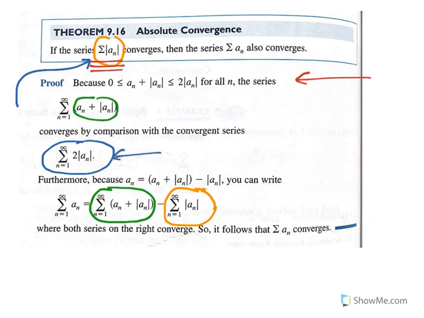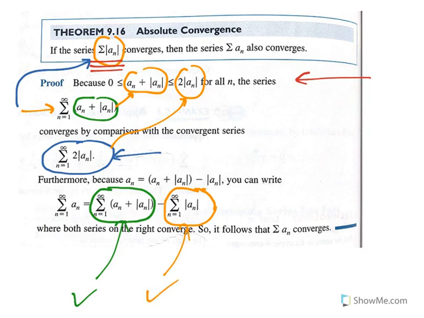So what we're saying is now take a look at the nth terms of the two corresponding series. We can show that because the nth term of this series is less than or equal to the corresponding nth term of the convergent series, it must converge by direct comparison. And now that we have that, we know that this series converges. And of course, this one here converges by hypothesis.